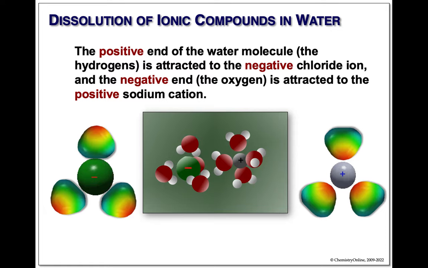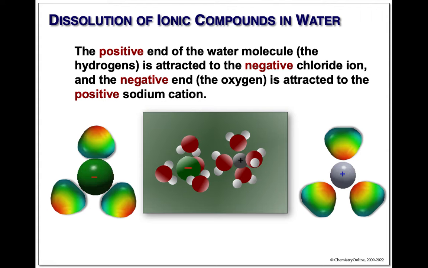Now, why is that important? Basically because when water surrounds the charge like this, what it does is distribute the charge. Nature doesn't like a charge just sitting there by itself. If you spread it out enough, though, it can be very stable.